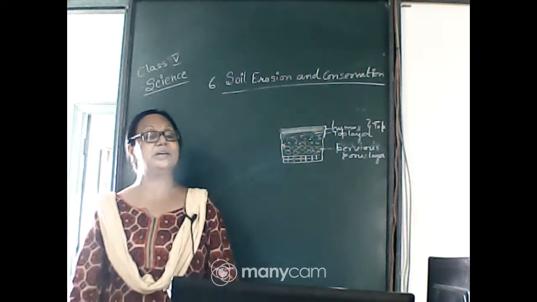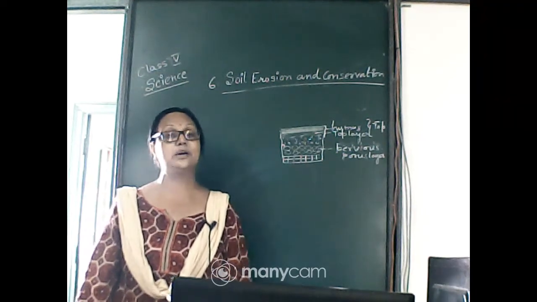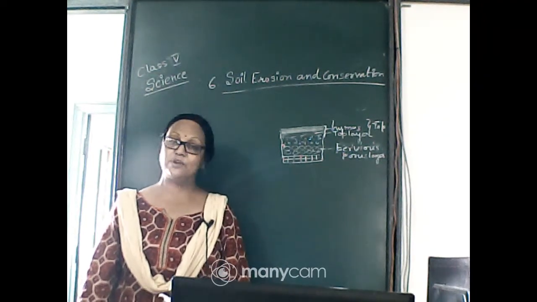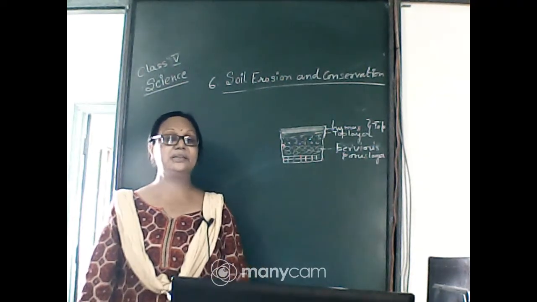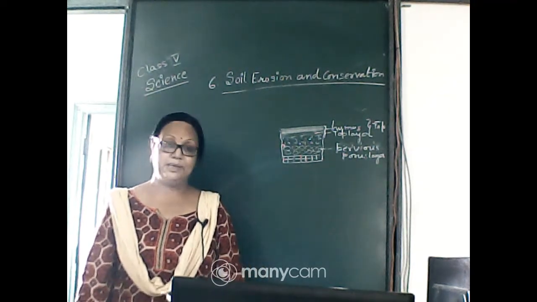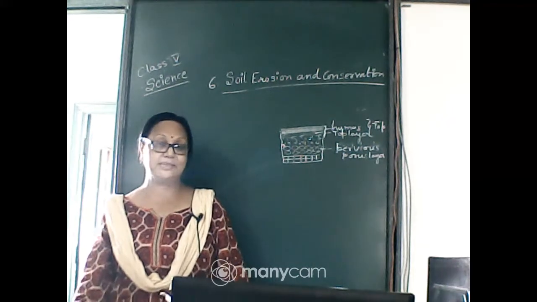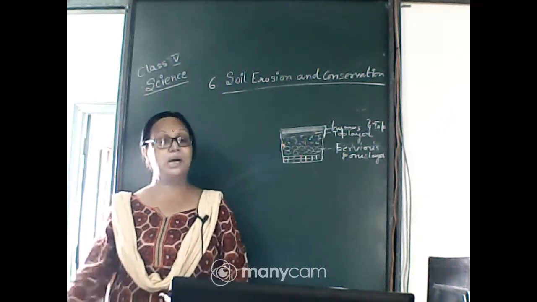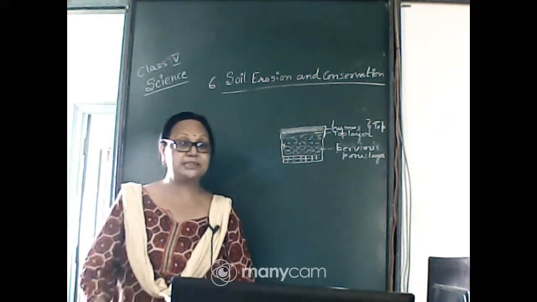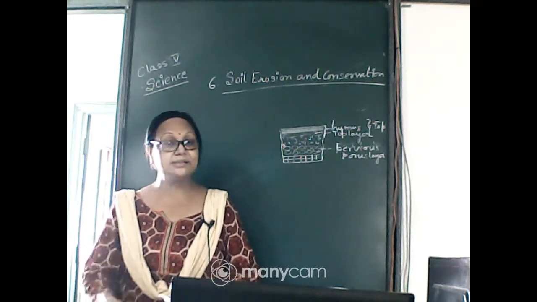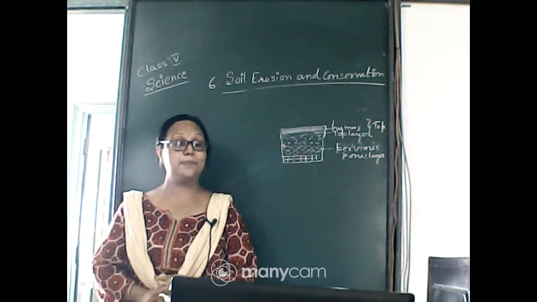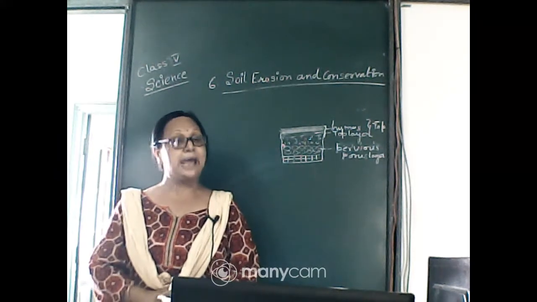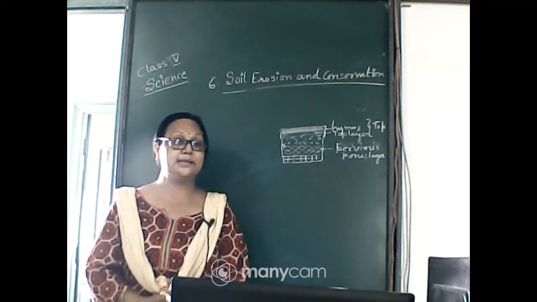That's why the top layer of the soil is very much needed for plant growth and for the habitat of different kinds of small animals, like rabbits that live inside the soil, some kinds of earthworms and snakes. Within the top layer of the soil they get air, and the oxygen content is also there.